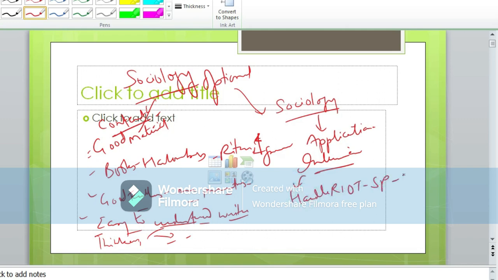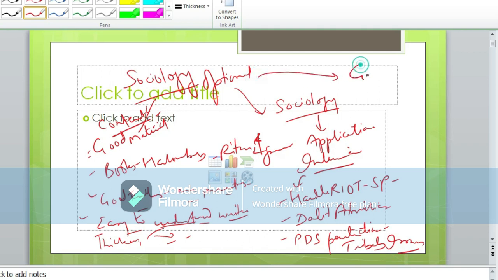As an SP of an area, you will be asked to handle Dalit atrocities in your area, PDS penetration, tribal issues, and other geopolitical aspects of the Myanmar, Manipur, Mizoram conflict.